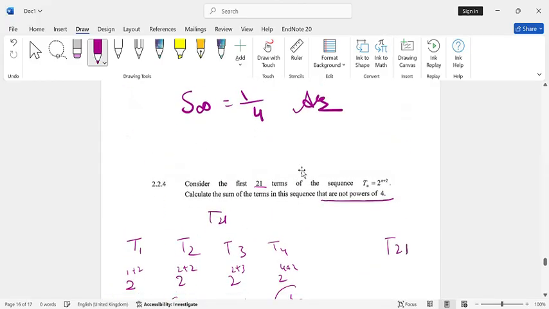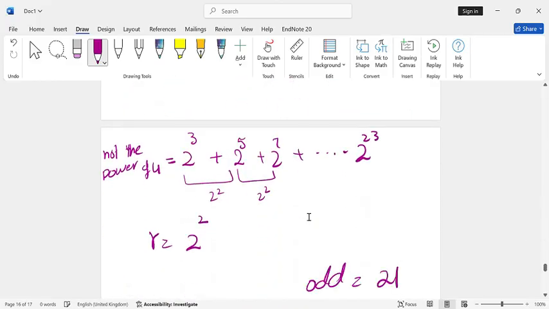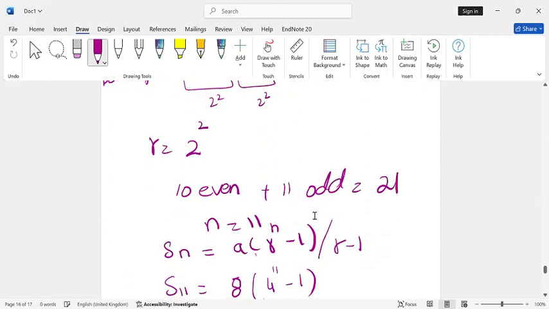As you can see, they say to calculate the sum of the terms in this sequence that are not powers of 4, okay? So this is the required answer of this question. We have to sum these series, all right?